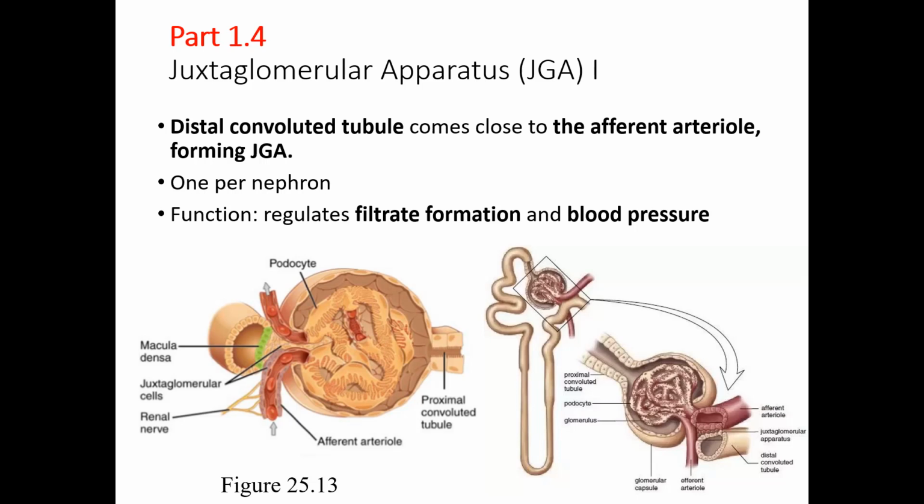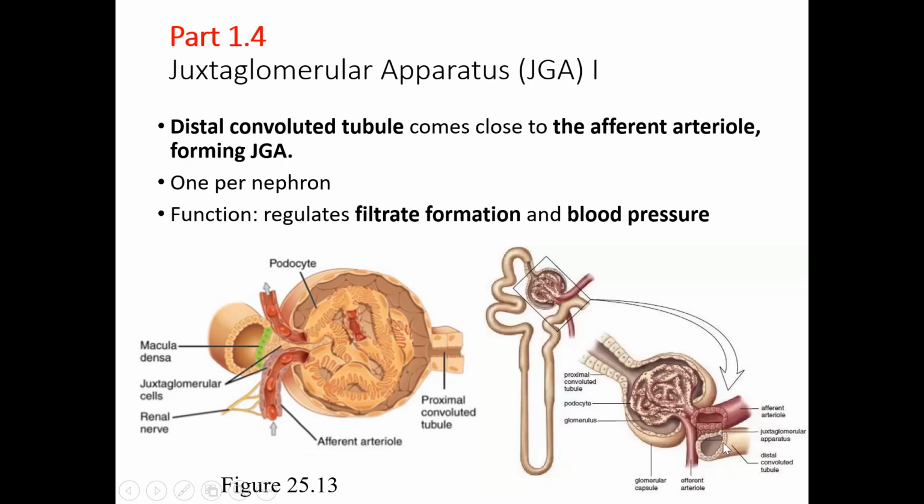Juxtaglomerular apparatus. What is that? Let's look at the nephron structure one more time. That is your glomerulus inside of the glomerular capsule. That would be your proximal convoluted tubule, loop of Henle, and right here would be the distal convoluted tubule. In a real nephron, that part of the distal convoluted tubule comes very close to the afferent arteriole, right here.